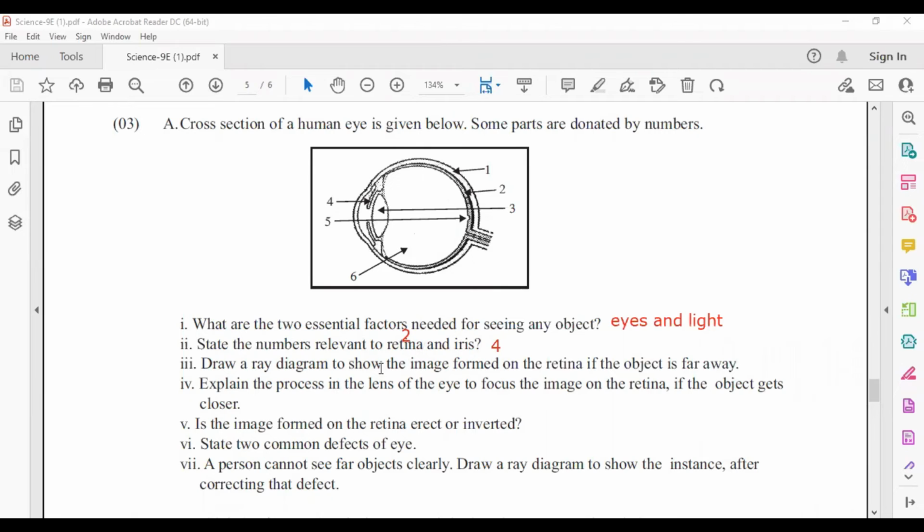Draw a ray diagram to show the image formed on the retina of an object that is far away. Arrows are essential when drawing ray diagrams.